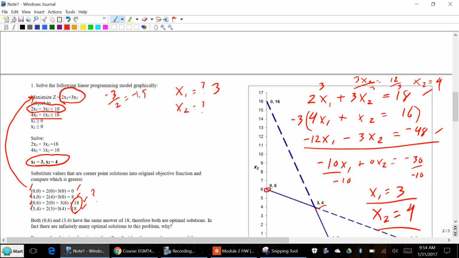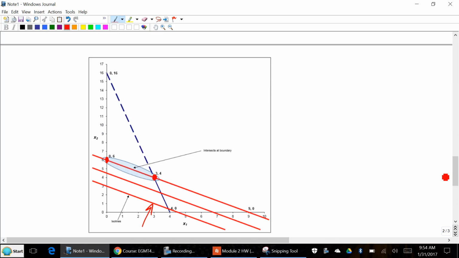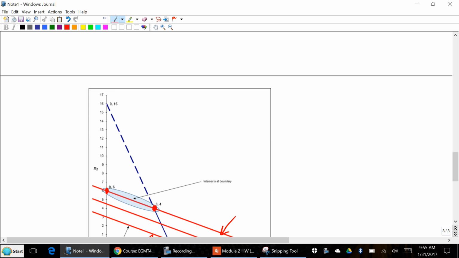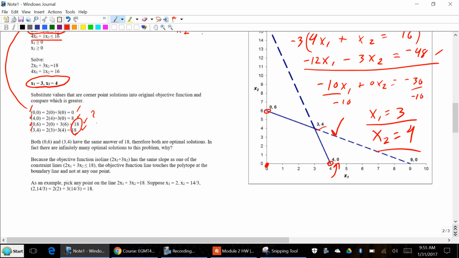See how the coefficients in front of x1 and x2 are both 2 and 3? Because of that, this tells us that the slope of our objective function has the same slope as one of our constraints.